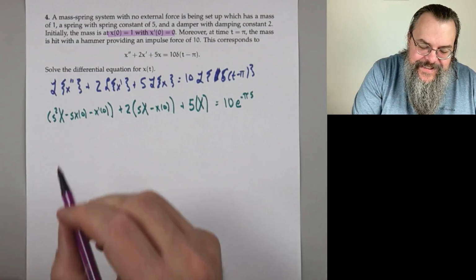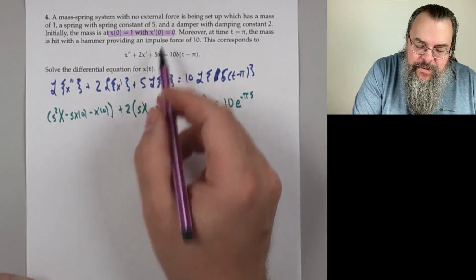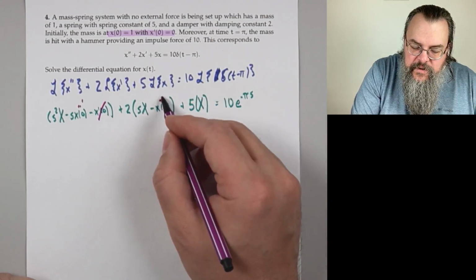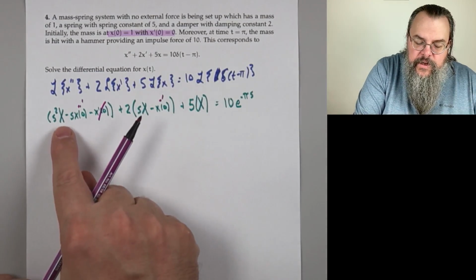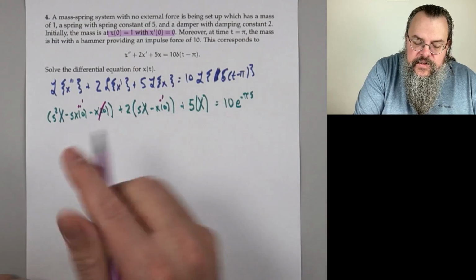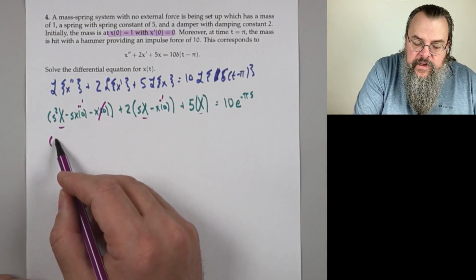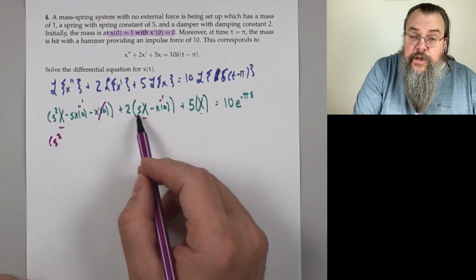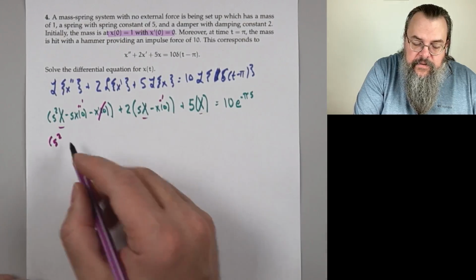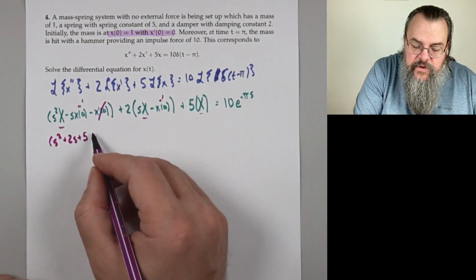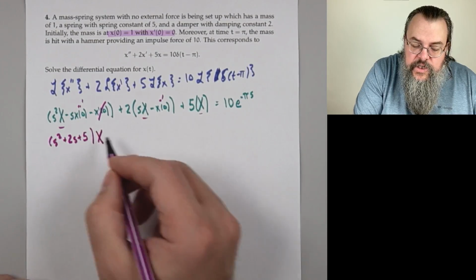All right, so let's clean these things up. Of course, x prime of 0 is 0. So this part is 1. This part is 1. So what do we have? Well, attached to the X, there's 3 X's. And if we look, we have an s squared, a 2s, and a 5. Now, if that sounds familiar, s squared plus 2s plus 5, it should.